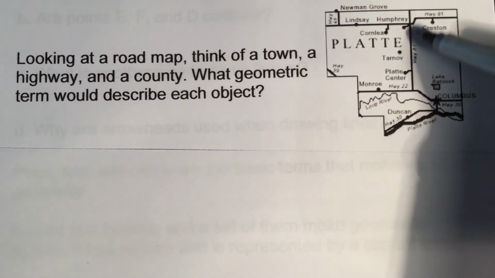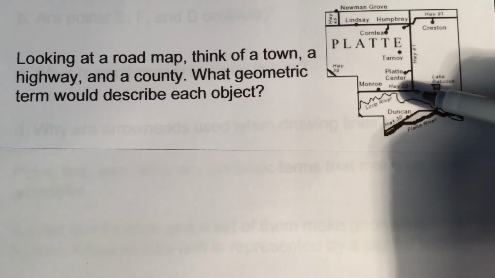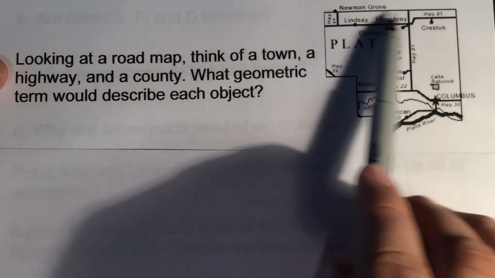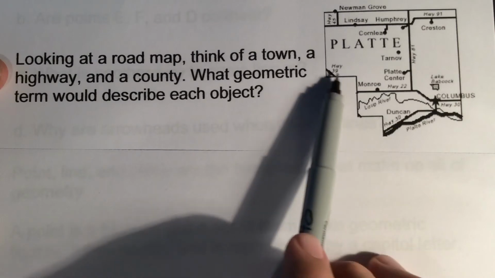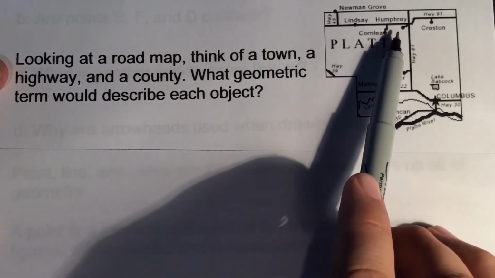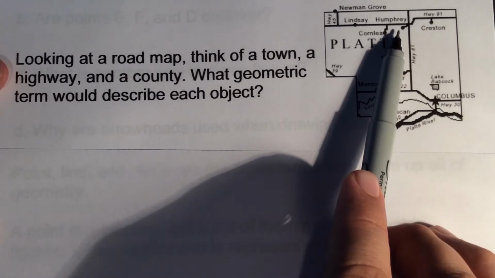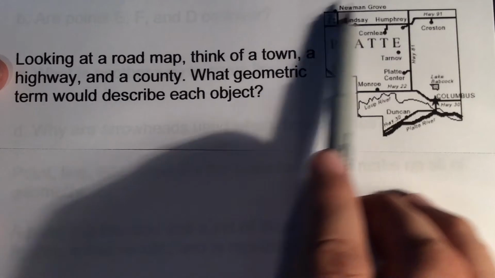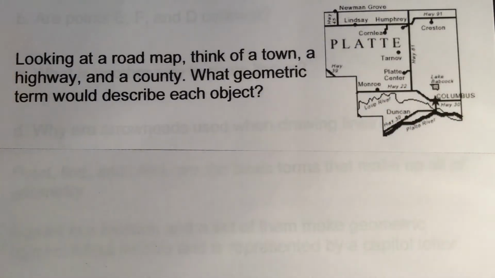Well, that's using a line. Then lastly, what about the whole county? Well, we have lines going around the outside, but now we've become, even from a single dimension of a dot or a line, now we're a 2-dimension of a space here. Well, that would be described as a plane.